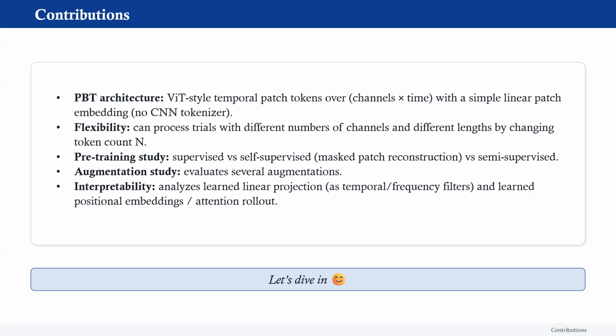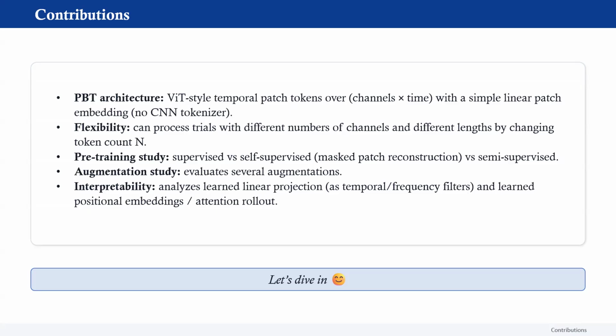Yeah, no problem. So the main contributions are basically that they introduce a ViT-style patch transformer for EEG, where the input is treated as a channel-by-time grid and it's tokenized into temporal patches. So again, to come back to the earlier point, these are temporal patches, and we'll look into what that is exactly.